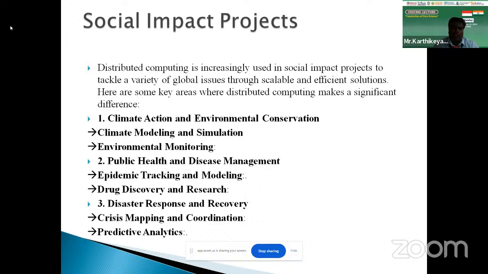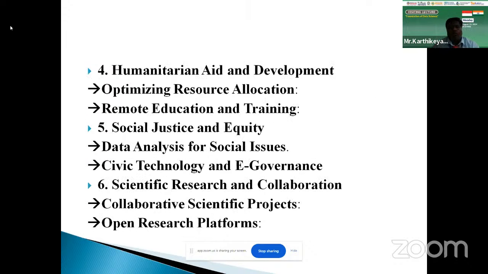And the third one, disaster response and recovery. It encompasses crisis mapping and coordination, predictive analytics, and fourth one, humanitarian aid and development. It encompasses optimizing resource allocation, remote education and training, and fifth one, social justice and equity. So it follows data analysis for social issues and civic technology and e-governance.